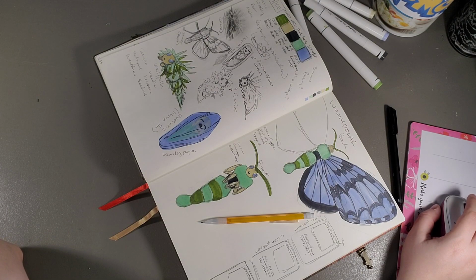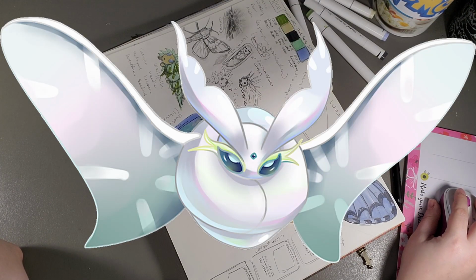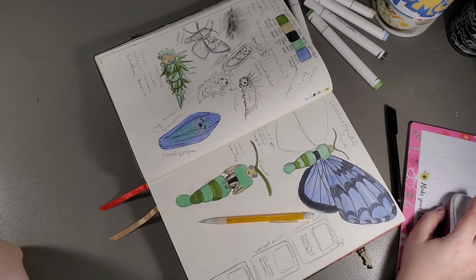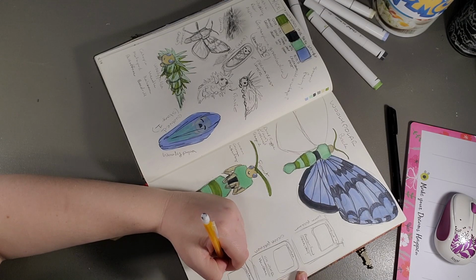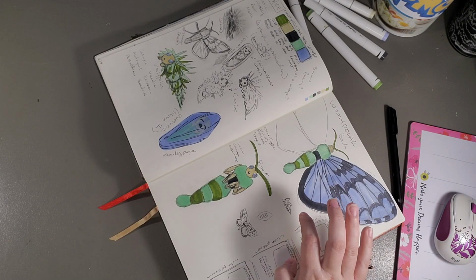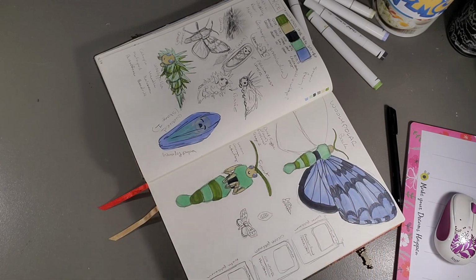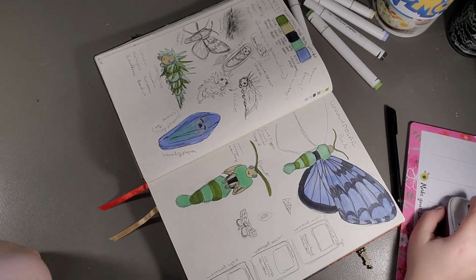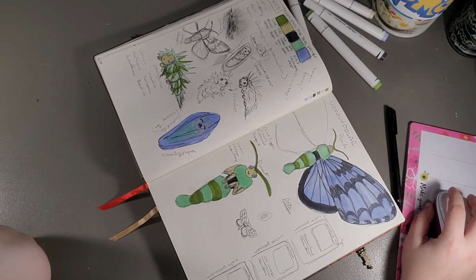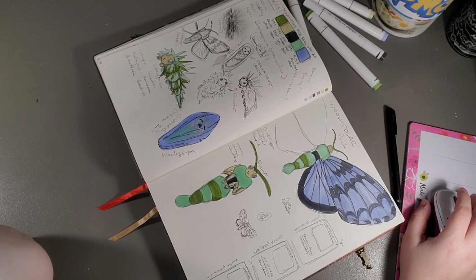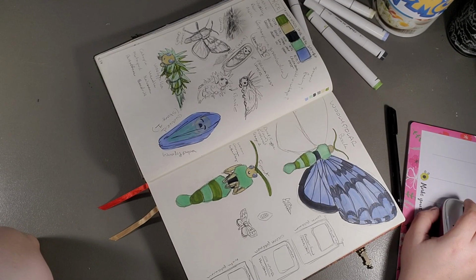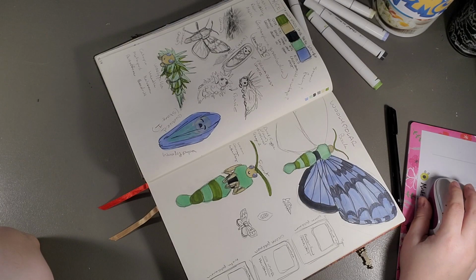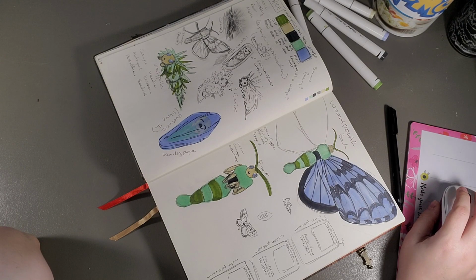Mothim, Dusknoir, Venomoth, Frosmoth, which I think Snom evolved into. Okay, so this is a moth Pokemon. So we have our basic stage 1 and stage 2. I need to do some more research on Frosmoth because something tells me that this might be based off of the same thing I was thinking of. Based on the winter moth. What is the winter moth?